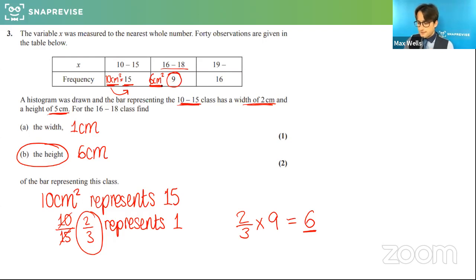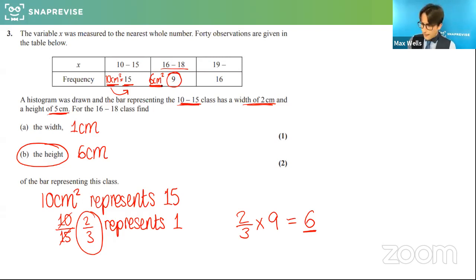It doesn't have to be the same width every time. Because we're dealing with an area, which is a two-dimensional property, you also have to keep track of what's going on with the base length. It's not just the height or just the width, it's the overall area that's proportional to the frequency.